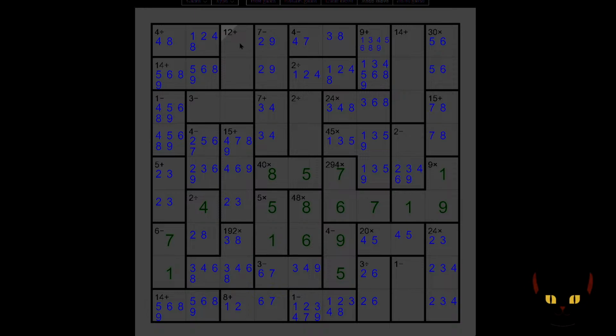Let's see, sum of 12. To be numbers 6 and higher, so that would be 6 and 6, square root of pair. You can't do 6 in a row, so let's see, 7 would go to 5. 8 would go to 4, 9, 3.